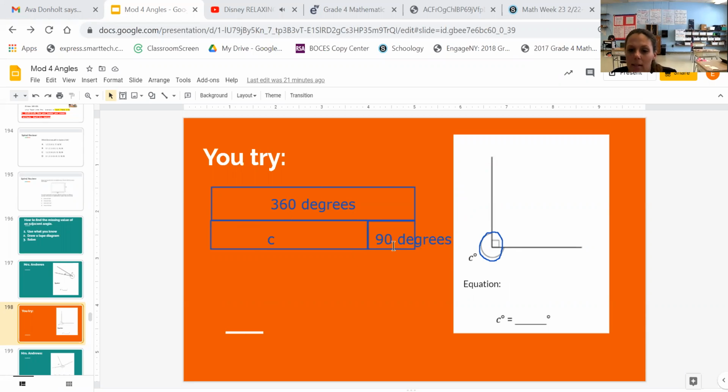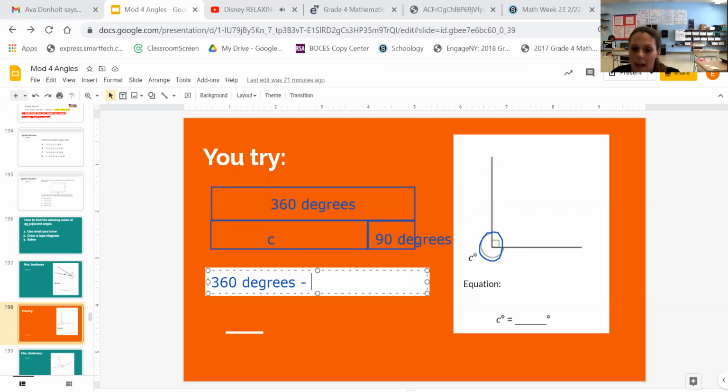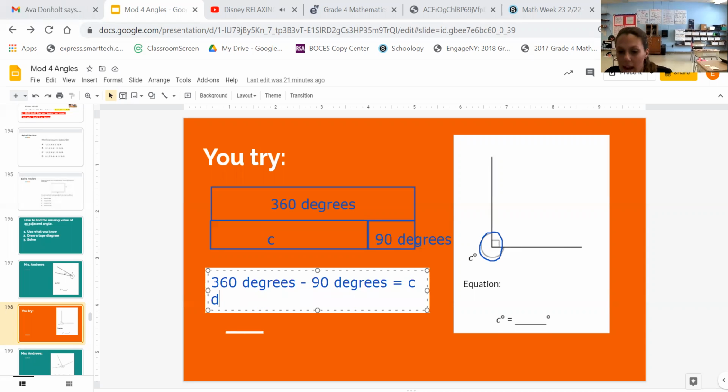Something minus 90 equals C. My whole minus that 90 degrees, or that right angle, is going to equal C. These are benchmark angles, and I know that C equals 270 degrees. So here's my equation, and here's my answer.